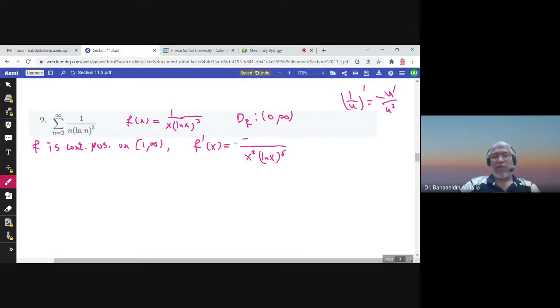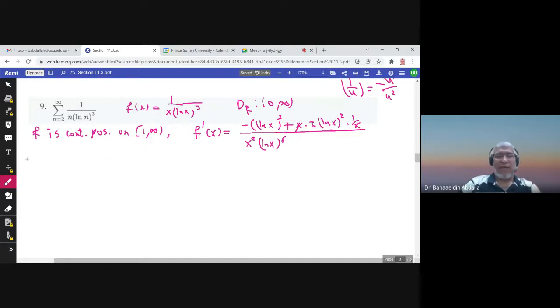So derivative of x is 1, times (ln x)^3, plus x times the derivative of (ln x)^3, which is 3 (ln x)^2 by the chain rule, times the derivative of ln x, which is 1 over x. So this x cancels with this x.